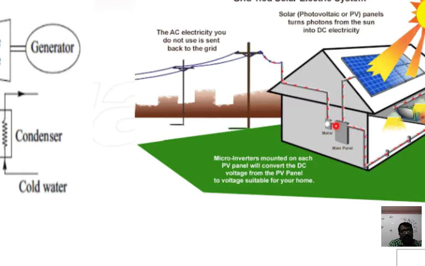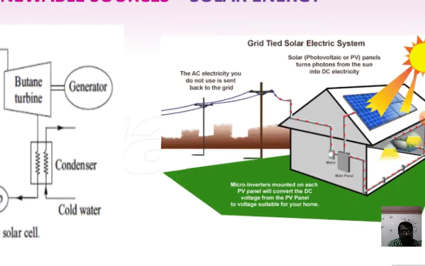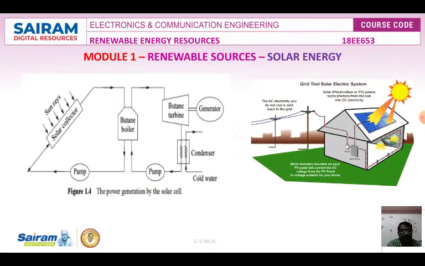Then it is given to the distribution line. This is called micro inverters, in which the sunlight is converted into electricity using a solar cell.